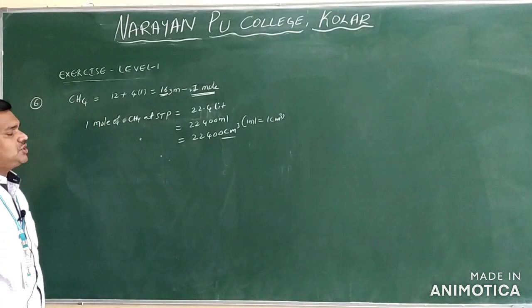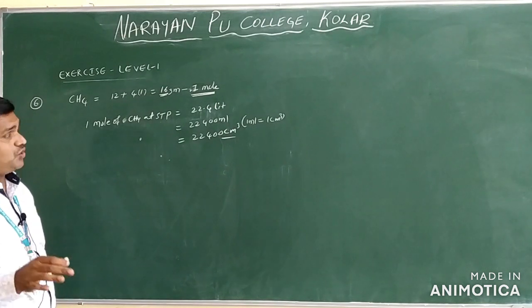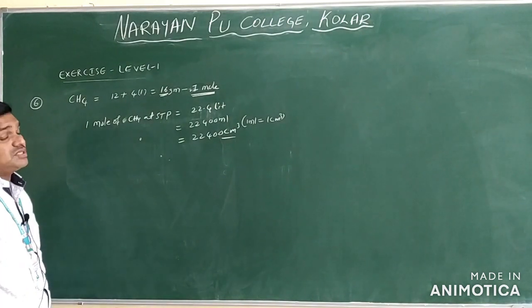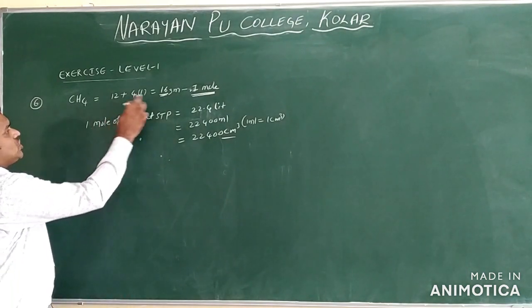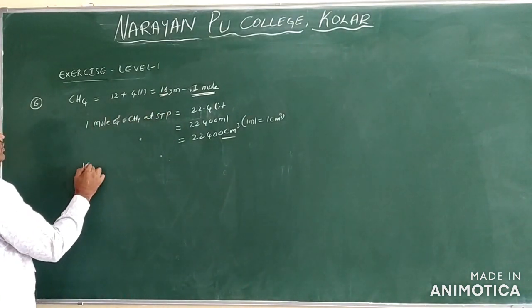Now the question is, if you want to take 112 centimeter cube, what is the mass of CH4 required only? From this how many grams of CH4 we have? 16 grams only.